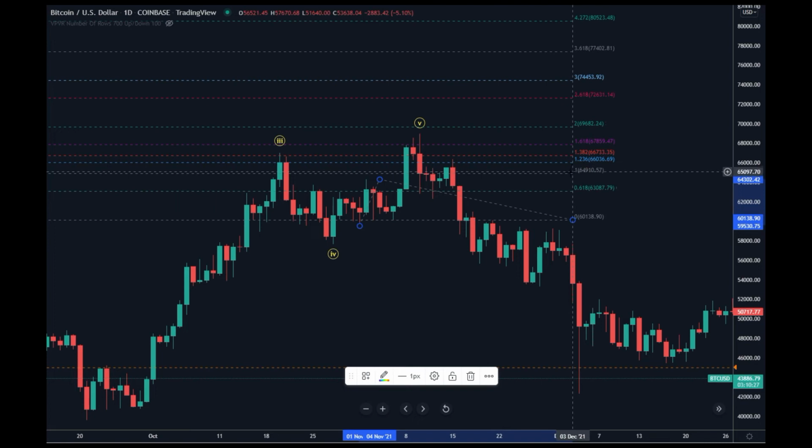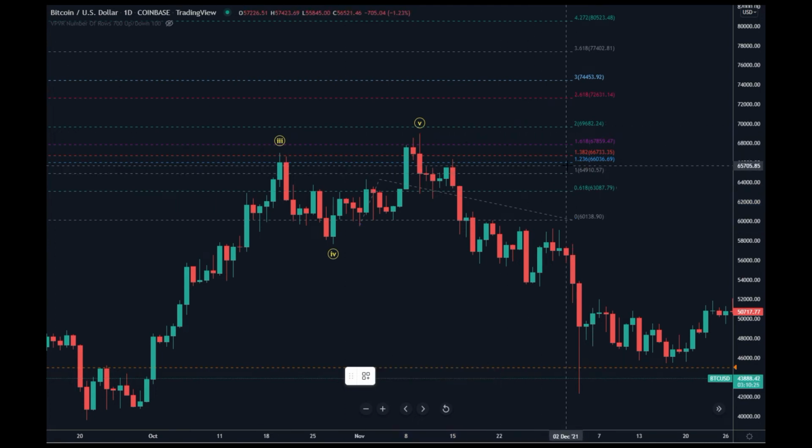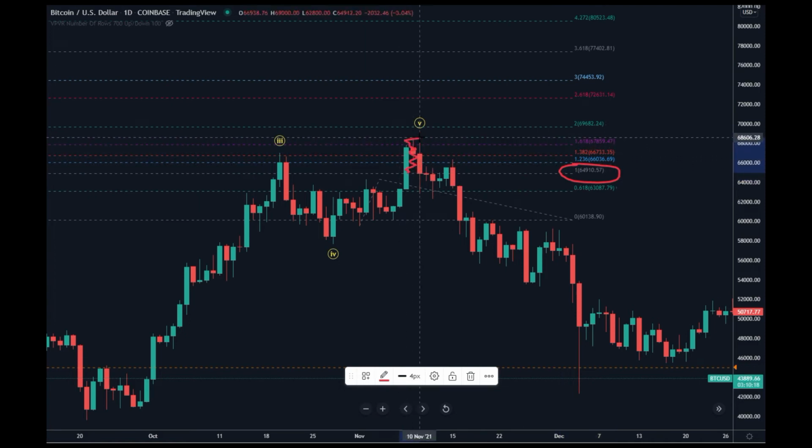The 100% extension of wave 3 is right here, and this wave 5 clearly is longer than wave 3. So if wave 1 is longer than wave 3 and wave 5 is longer than wave 3, it cannot possibly be an impulse wave, and that cannot be a 5.